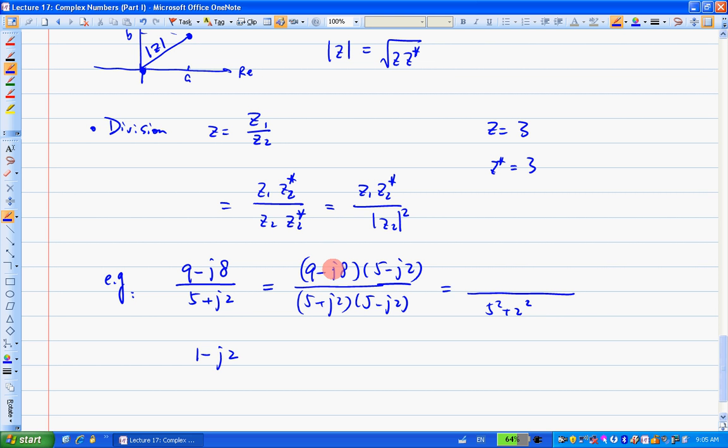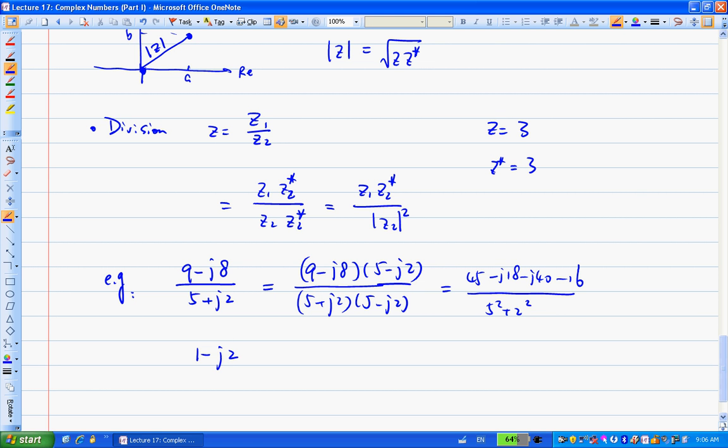So what you need to focus on is the top here, the multiplication of these two. 5 by 9, 45. Then 9 by this minus j18. This by this, j40. This by that, j squared, negative times negative, so negative 16.